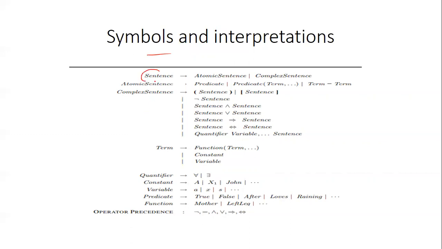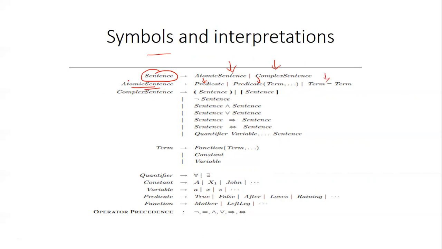In first order logic, a sentence can be either an atomic sentence or a combination of atomic sentences and complex sentences. Now, what is an atomic sentence? An atomic sentence can just include a simple predicate, or a predicate with parameters, or several terms.